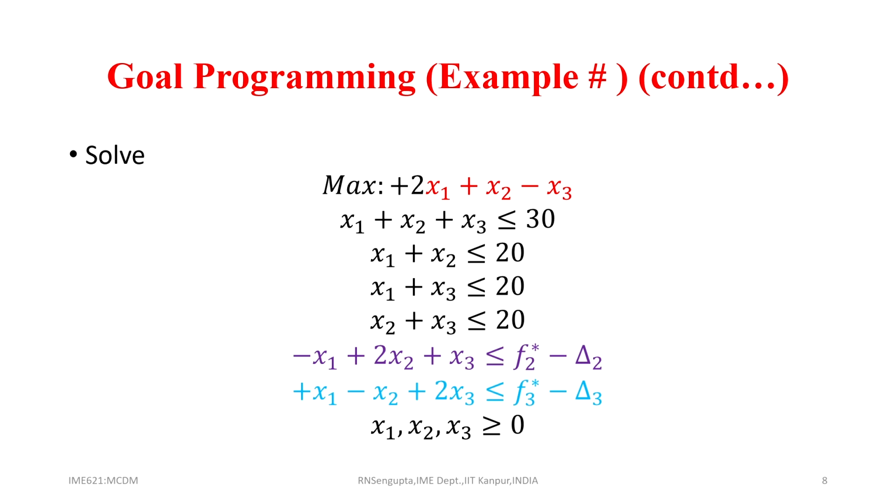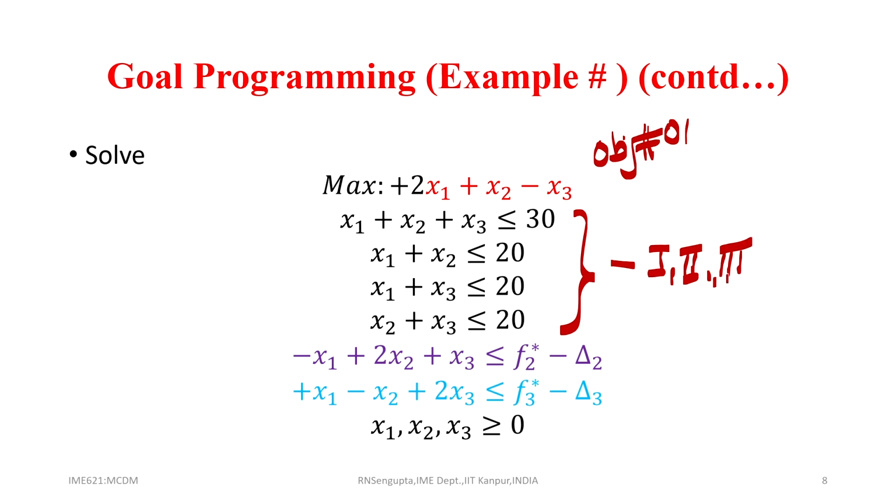Now, as I said, in the last lecture we considered objective function 1, which I will mark as OBJ number 1, red in color. The constraints 1, 2, 3, 4 are there.